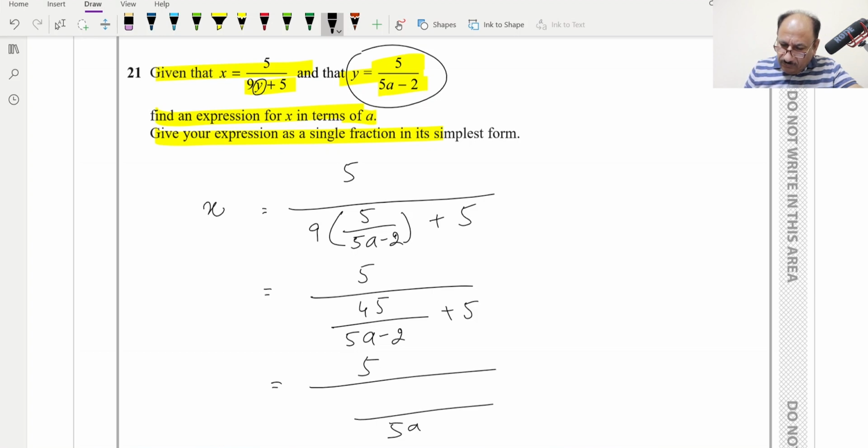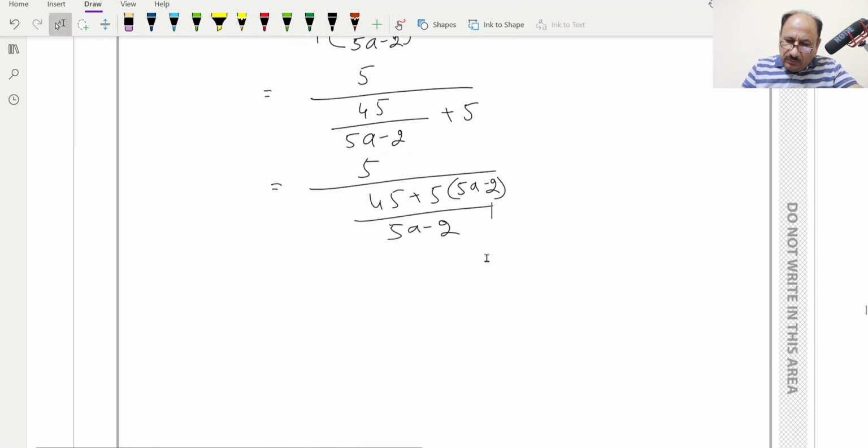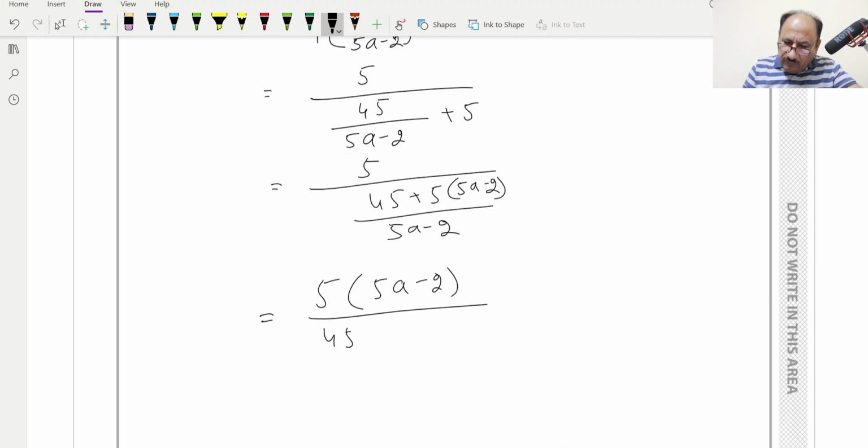The denominator will be 5a minus 2, and the numerator will be 45 plus 5 multiplied by 5a minus 2. Now we can apply the fraction over fraction rule: 5 into 5a minus 2 over 45 plus 5 into 5a minus 2. We can take 5 common.